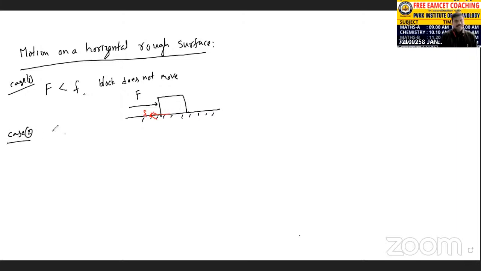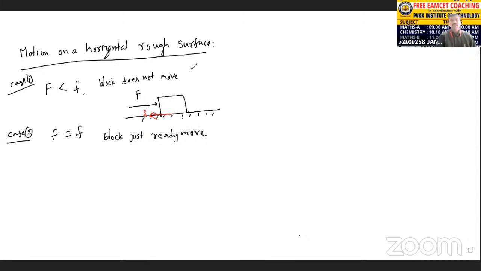Second condition: the external force is equal to the frictional force. The block is just ready to move.